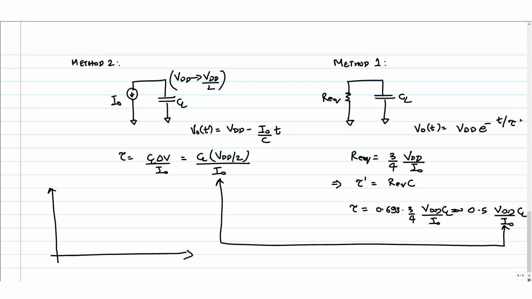So the two models follow different equations with respect to time, but this one is more accurate. Okay, so if you look at V naught of t versus t, you have a straight line like this for method 2. Method 1 is going to look like this.